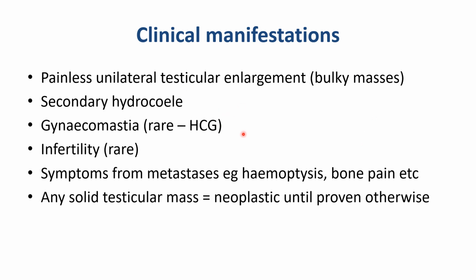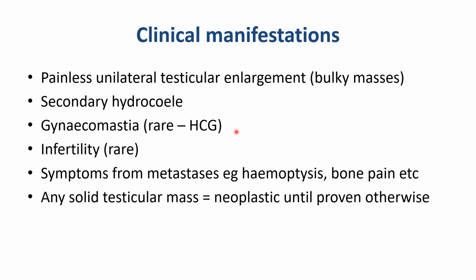So moving on to clinical manifestations, often patients present with painless unilateral testicular enlargement. This can be quite bulky. Occasionally, patients can present with secondary hydrocele, so fluid collects within the scrotal sac as a result of the presence of tumor.